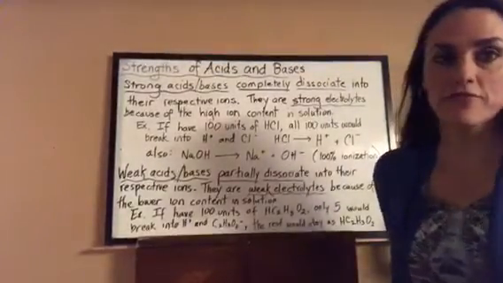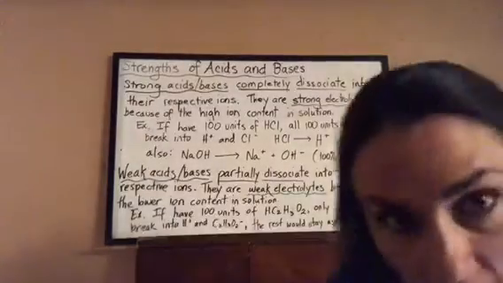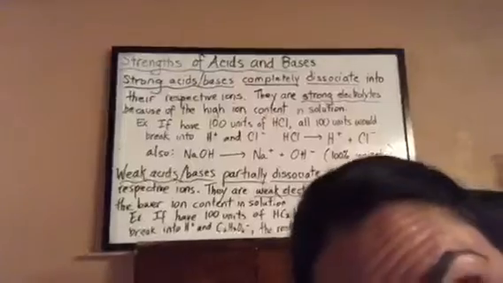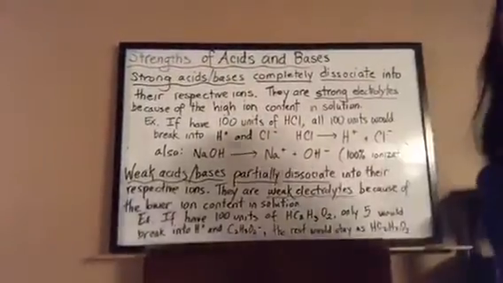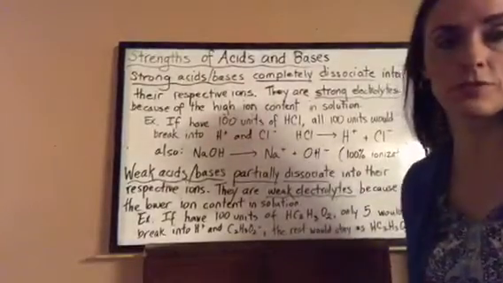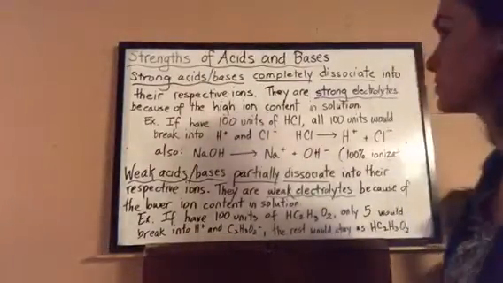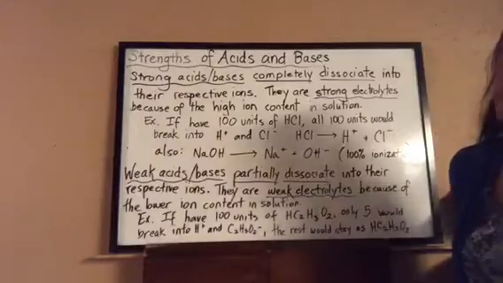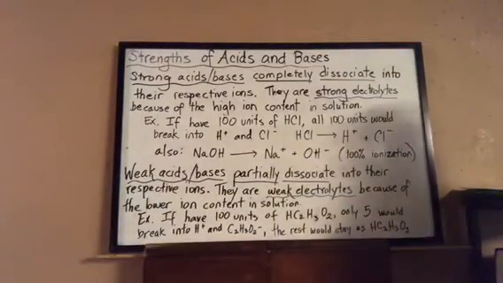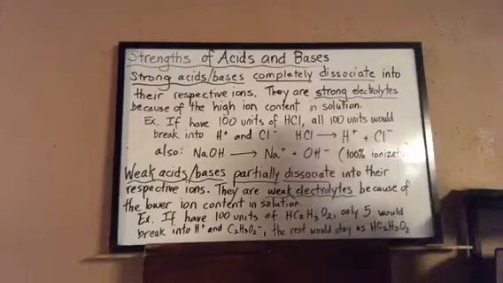Let's examine further the strengths of acids and bases. I had that picture up that showed strong acids and bases versus weak acids and weak bases in terms of dissociation. And let's just write that description into words. So strong acids and bases completely dissociate into their respective ions.